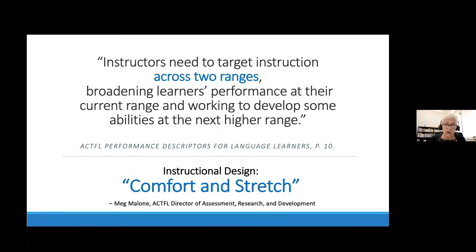So I want to start with this quote, that when you're thinking about planning for proficiency-based instruction, this is the idea to keep in mind.